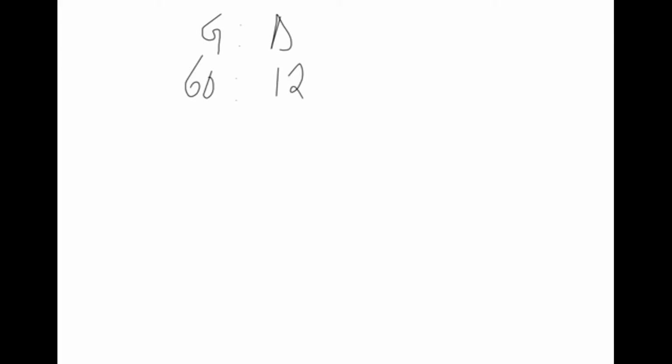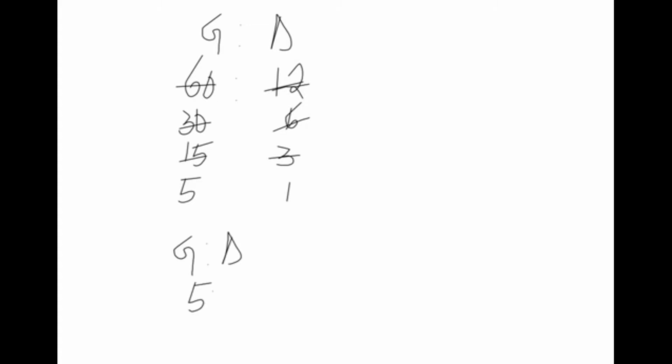Then we simplify. By 2 is 30, by 2 is 15, by 3 is 5. So goats to donkeys is 5 to 1.